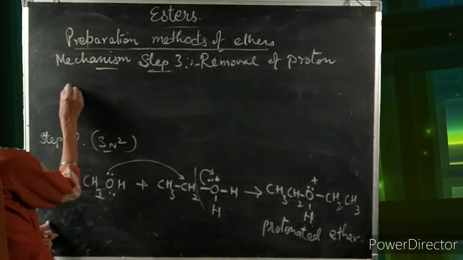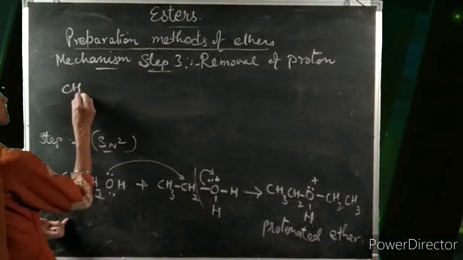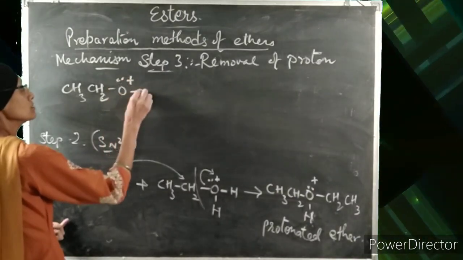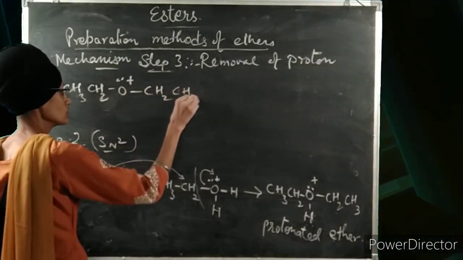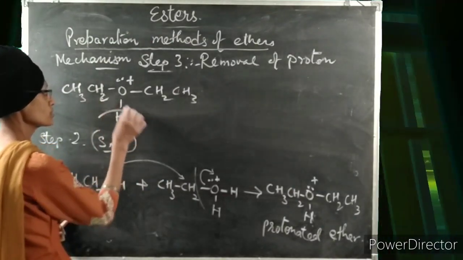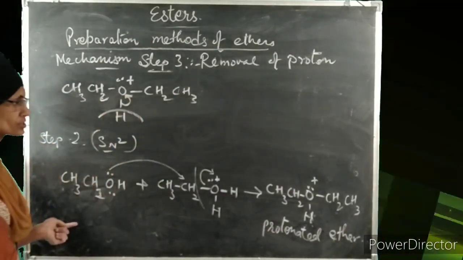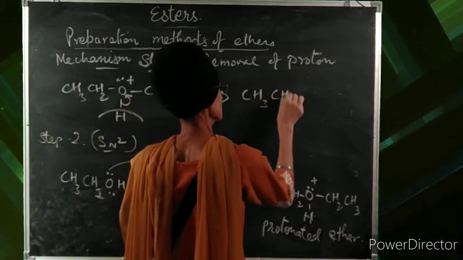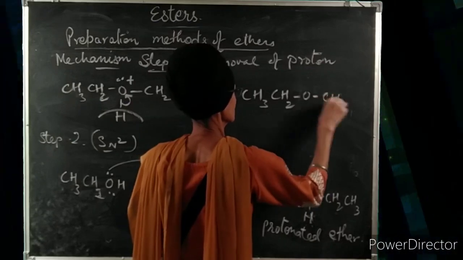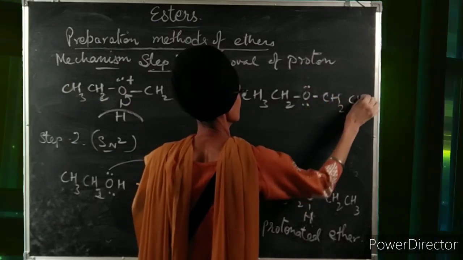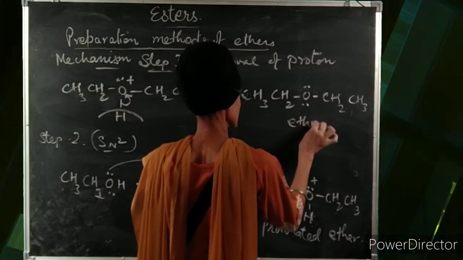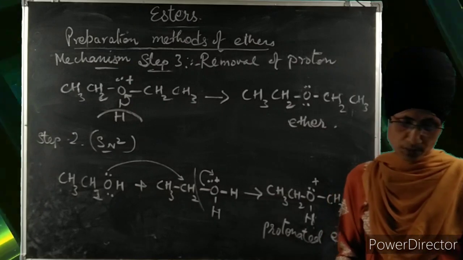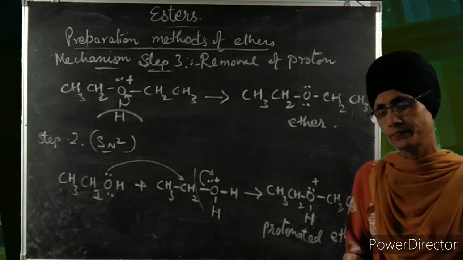Taking that product, protonated ether, you can see that the proton is removed and bonds shift towards the oxygen, and finally we get ether. This is ether. So this is a 3-step mechanism, where step 2 is especially SN2 mechanism.